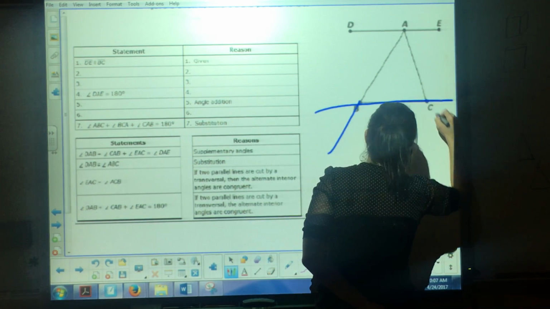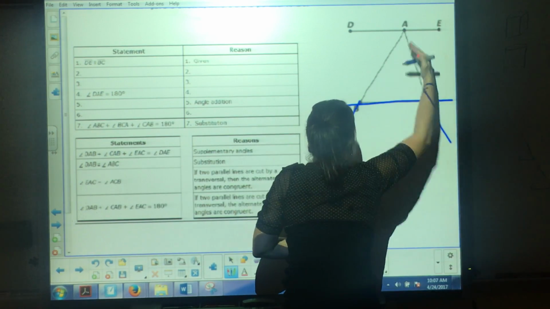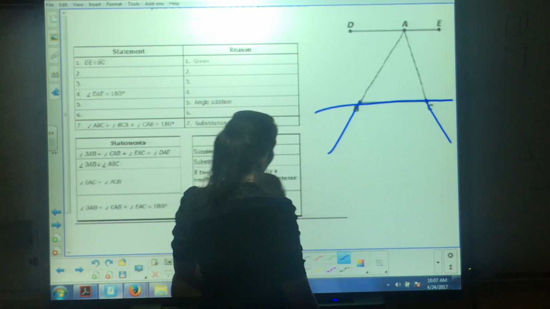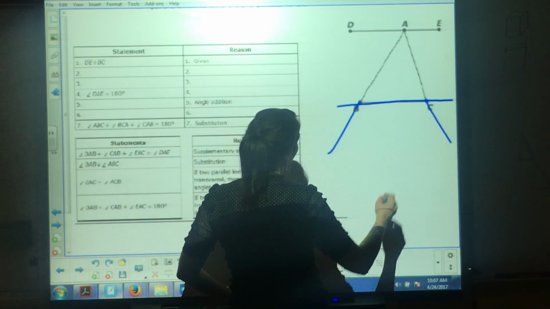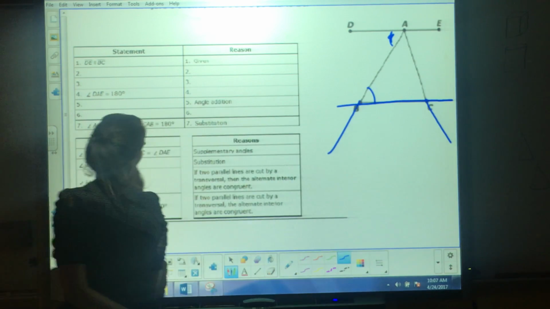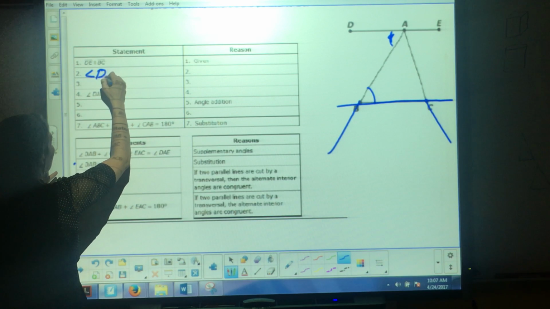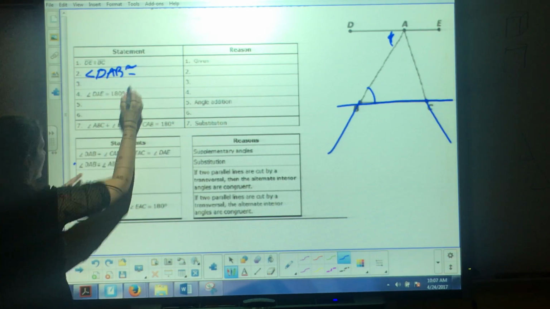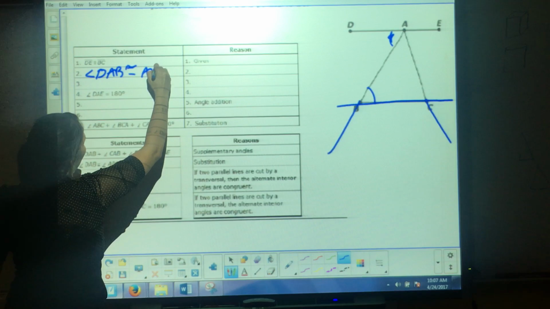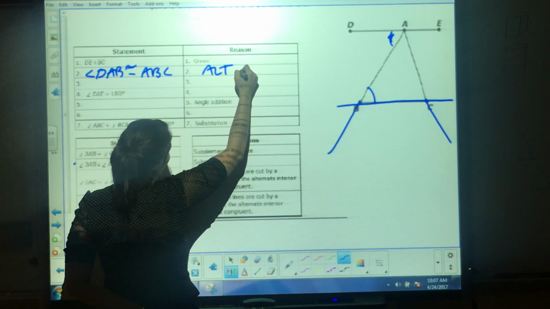What we have here is two parallel lines cut by a transversal. So the first thing I'm going to say is that this angle is congruent to this angle. Why? Alternate interior angles, good. So I'll say DAB is congruent to ABC, by the alternate interior angles theorem.